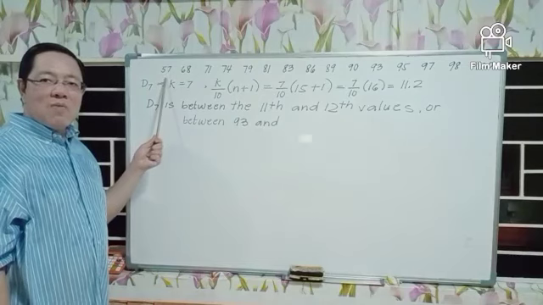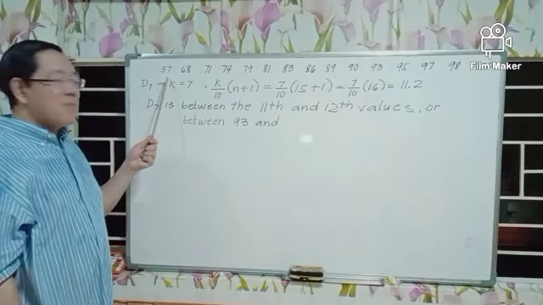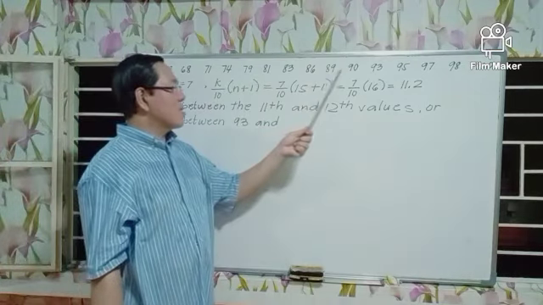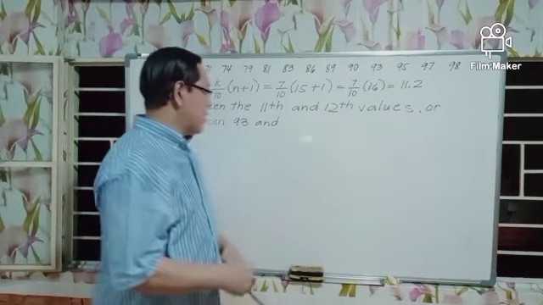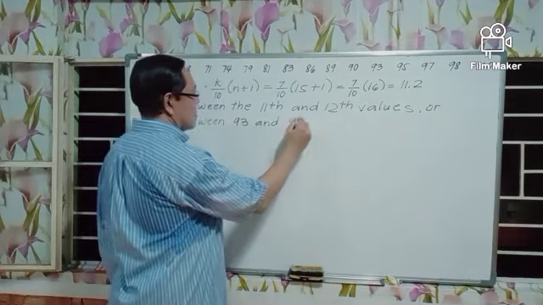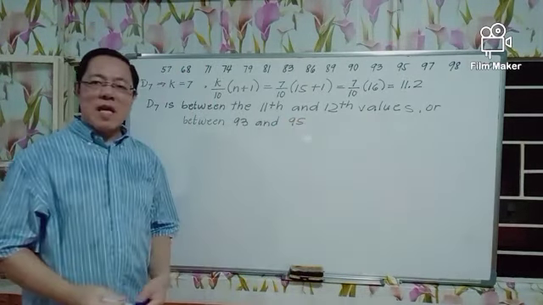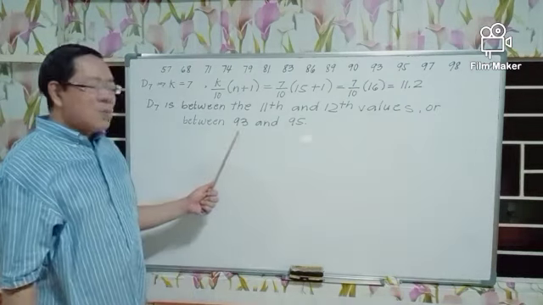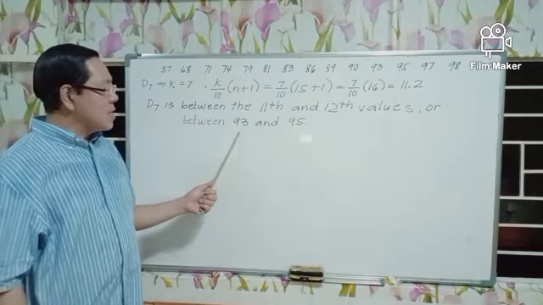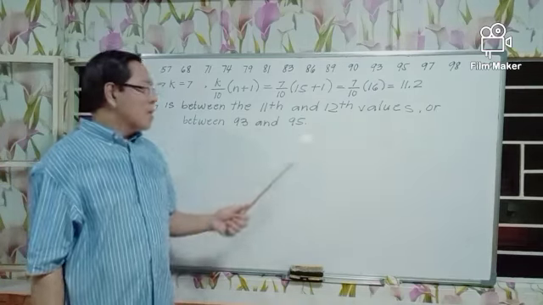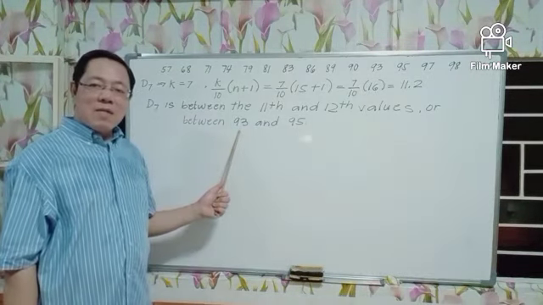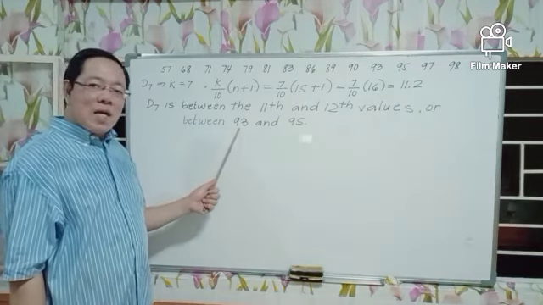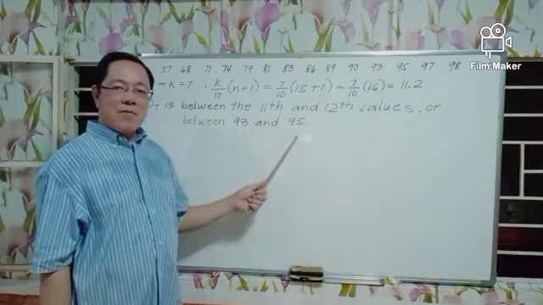We count 12 from the smallest value, 57: 1, 2, 3, 4, 5, 6, 7, 8, 9, 10, 11, 12, 95. Thus, the 7th decile that we are looking for is a numerical value between 93 and 95.